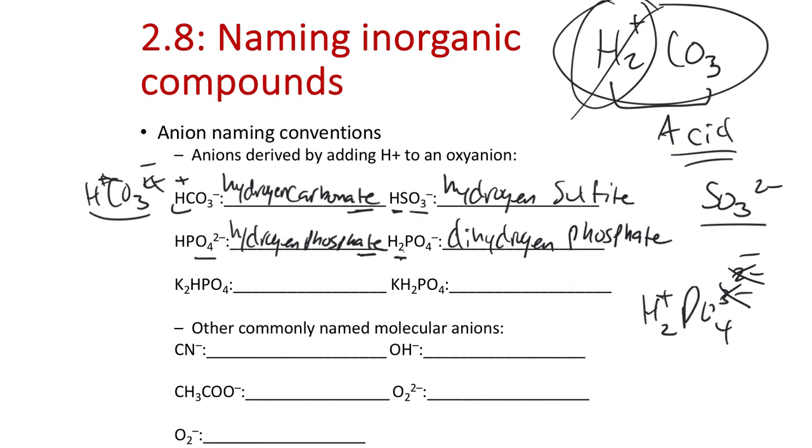And then like any other ion, you can use something like potassium to balance out the charge and usually get a normal salt like KCl or K2O. You can get K2HPO4, where HPO4 is the 2 minus. So you get 2 of the K pluses to balance out the 2 minus charge.